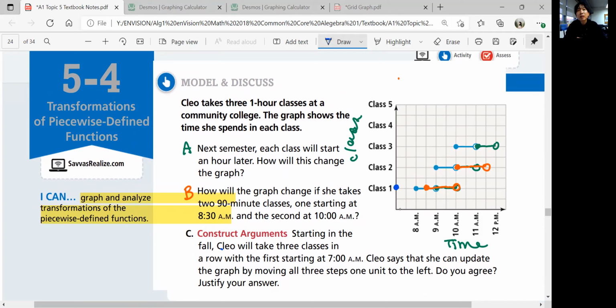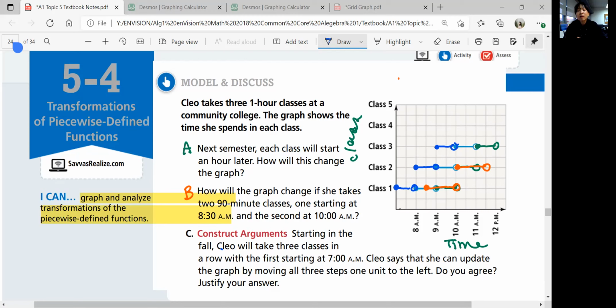So we're using the same original graph, but they're going to be in a row, so no break time. Okay, so how did the graph change? Is it really moving all 3 steps 1 unit to the left?